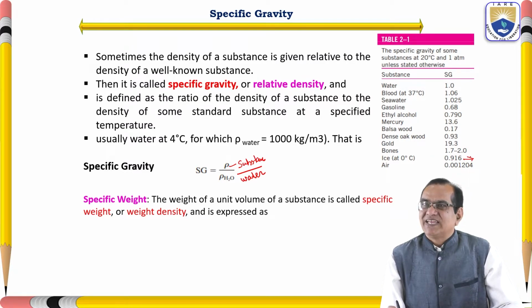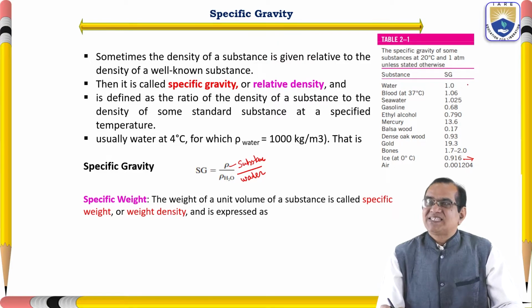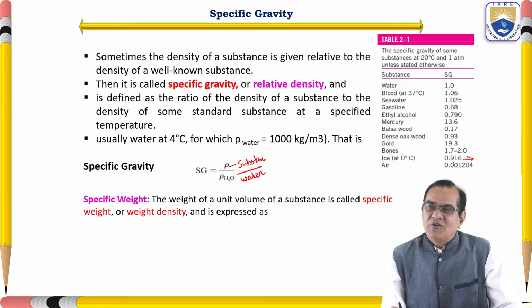You can see the density of the ice is less than the density of the water. So ice will float on top of the water. So you have to take very much care.